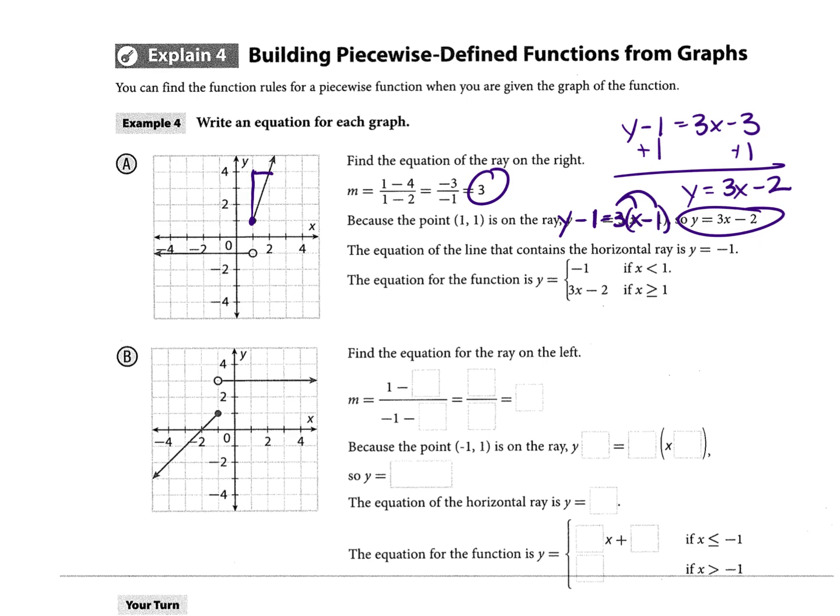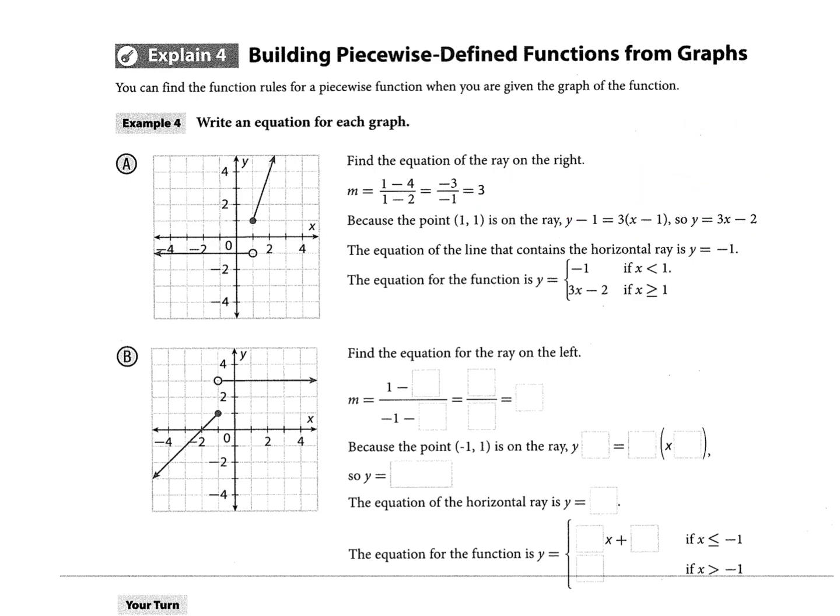This function here. It says the equation of the line that contains the horizontal ray is y equals -1, because all the y values here are at -1, and it has a slope of 0. So there is no mx piece, there's just the b value. Now, they set it up and said this piece was for x values equal to 1 or bigger.